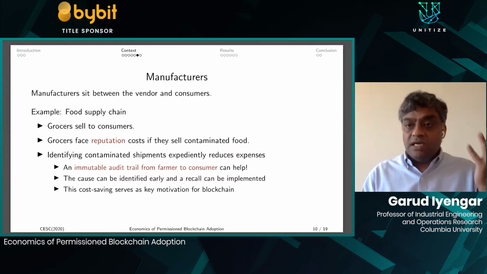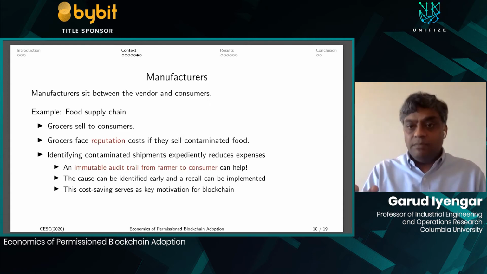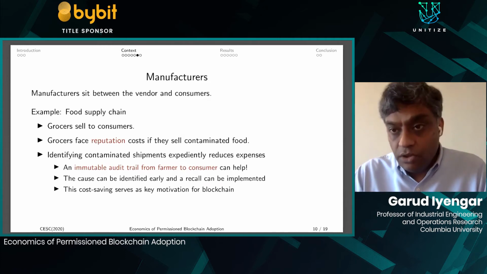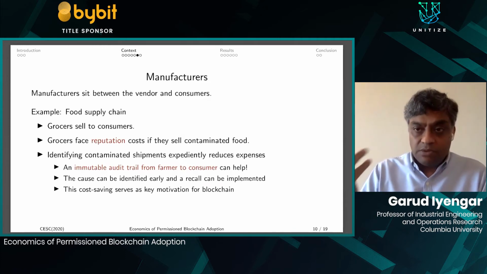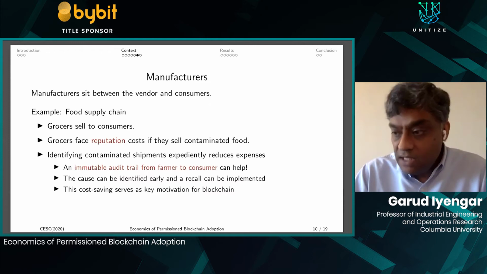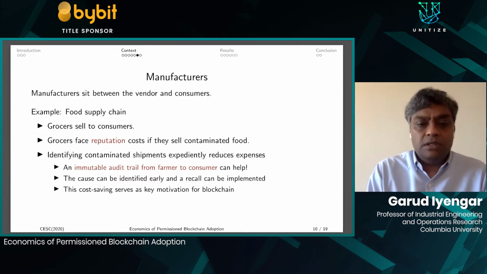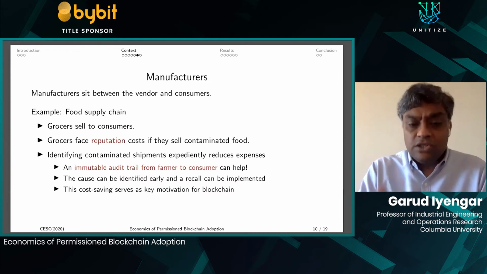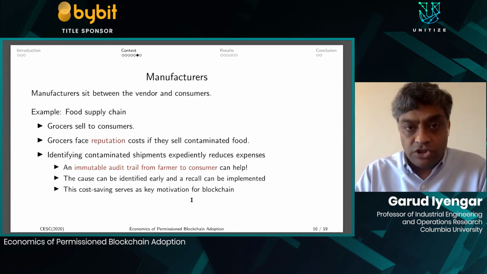So the difference is either it's my time or the minimum of everybody else's time. And you can show that as you increase the number of grocers on the blockchain, this second piece, the minimum of everybody's time, ends up being much, much smaller than my own time. And this cost saving serves as a motivation for the blockchain.